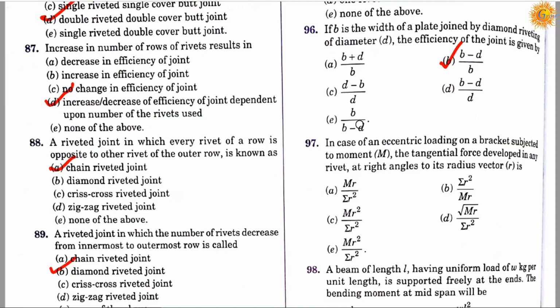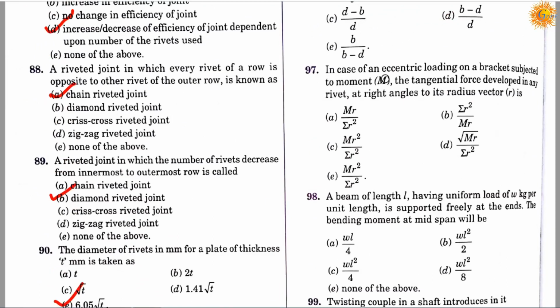Question number 97. In a case of an eccentric loading on a bracket subjected to moment M, the tangential force developed in any rivet at right angle to its radius vector r is: option A Mr divided by sigma r square, option B sigma r square divided by Mr, option C Mr square divided by sigma r square, option D under root of Mr divided by sigma r square, option E Mr square divided by sigma r square.